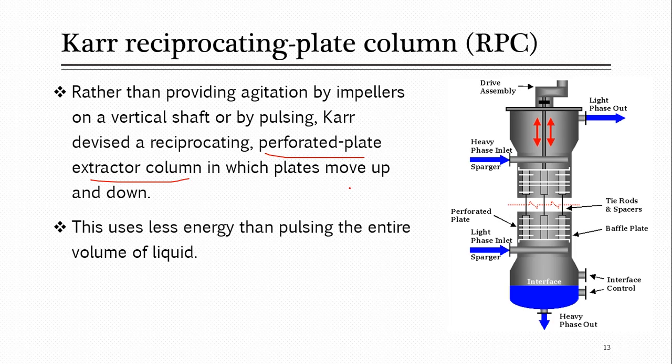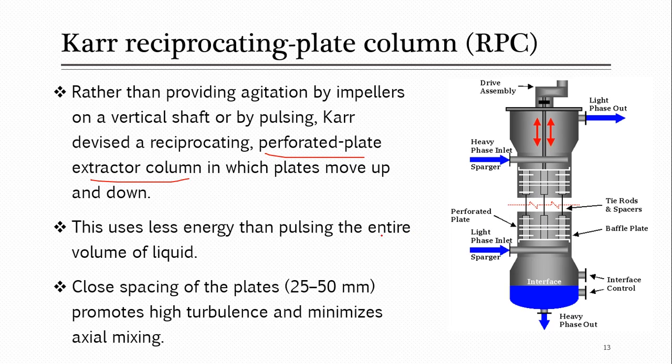Here the main advantage of this system is that it uses less energy. When you have a lot of impellers connected to the shaft, you have to provide more energy to rotate the whole liquid, but here in a small portion of the equipment you are just moving some assembly back and forth, and with the help of this you can create more agitation inside the liquid. Another advantage is the close spacing of the plates.